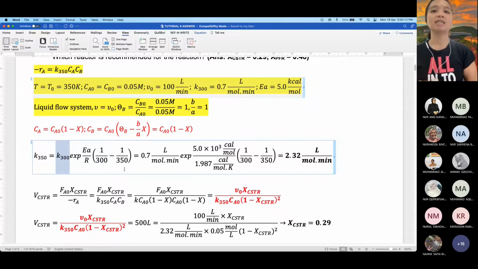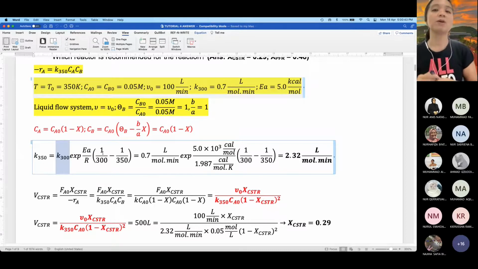In test 1, there was question number 2 that used this equation, and a few students got it swapped. So in this bracket you must remember it is 1 per T1 minus 1 per T2. A few students reversed it, making it 1 per T2 minus 1 per T1, so they could not get the answer. So make sure you check. It must be 1 per T1 minus 1 per T2.